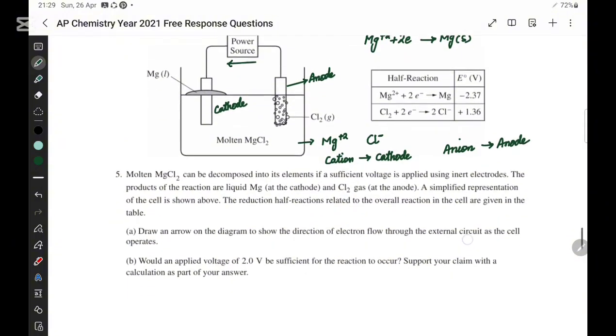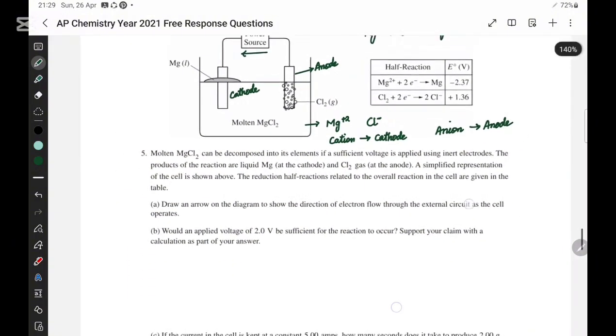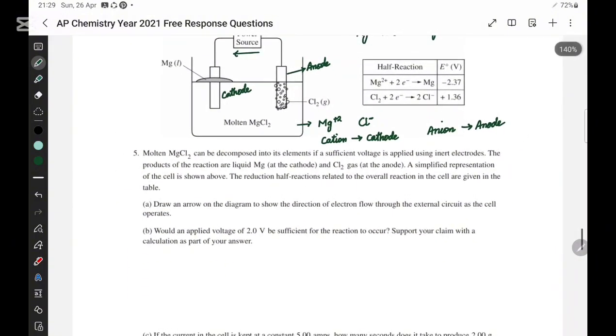In the next question, they are asking, would an applied voltage of 2 volts be sufficient for the reaction to occur? As this is the cathode, because electrons are being accepted here, and this is going to be the anode. So we know a formula: E naught is equal to E cathode minus E anode.